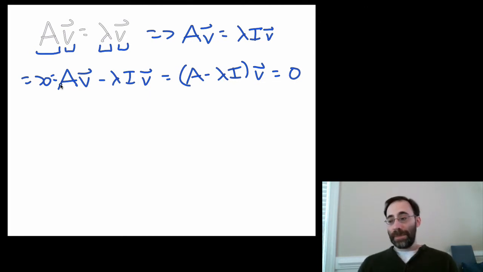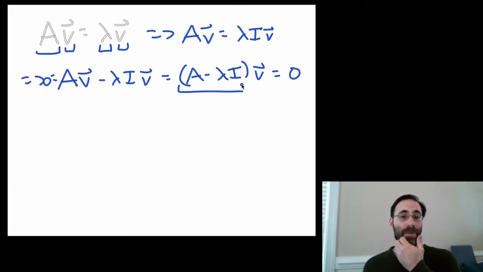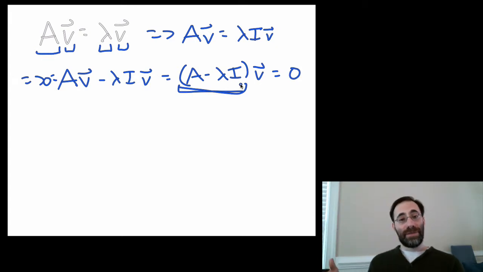Now, what does that mean? Well, A minus lambda I is just a matrix, right? Lambda I is the matrix with lambdas all along the diagonal, and A is the matrix that you started with, so A minus lambda I is a different matrix. Now, if the matrix times some vector is equal to 0, effectively this is a linear combination of the elements of v, recall.